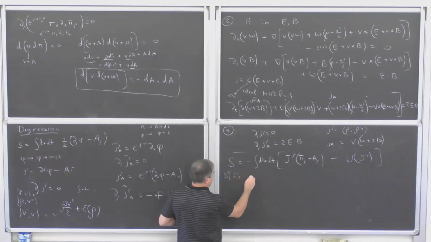And now let me look at this part, which is the central part for me of the action. It's J mu. Let me write it explicitly: d_mu theta minus A_mu plus alpha_a d_mu beta_a. Look at this expression. You obviously see that there is a symmetry.